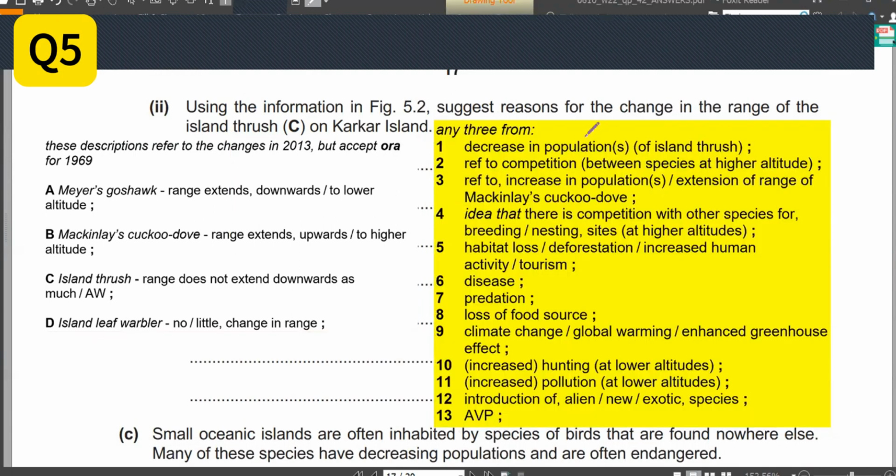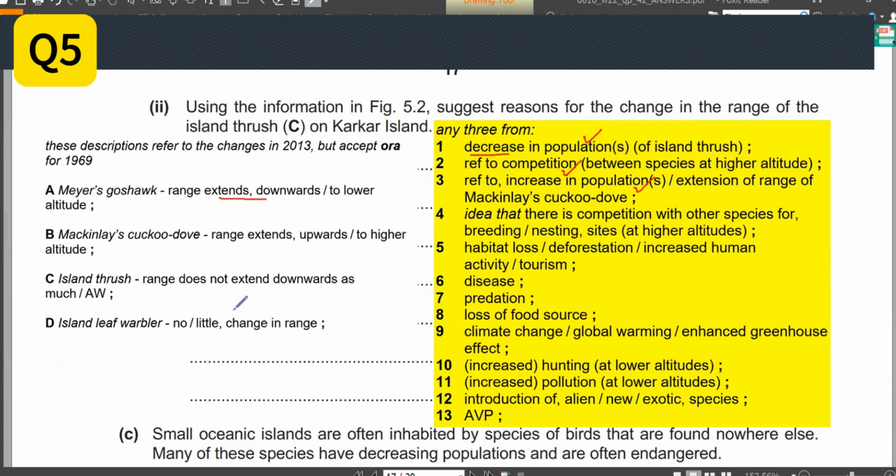Okay, decrease in populations. Competition. Increase in population, extension of range. So for the ones where the range decreases, it may be due to a decrease in population.